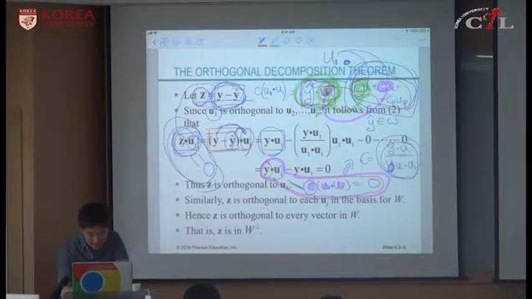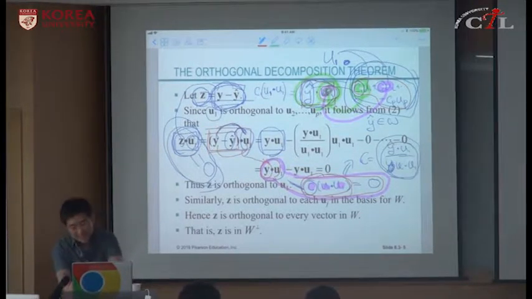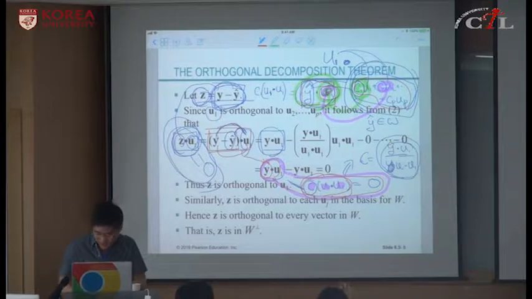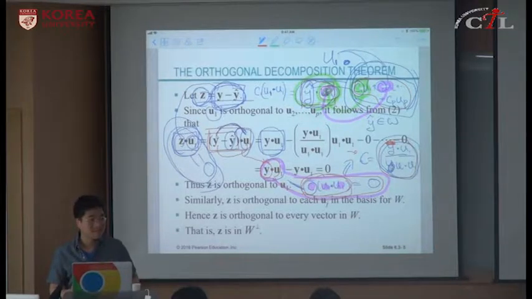The first part, y dot u1, comes from here, and then y hat dot u1 will be this guy. Yep, that is right. And so c1 is obtained as follows.